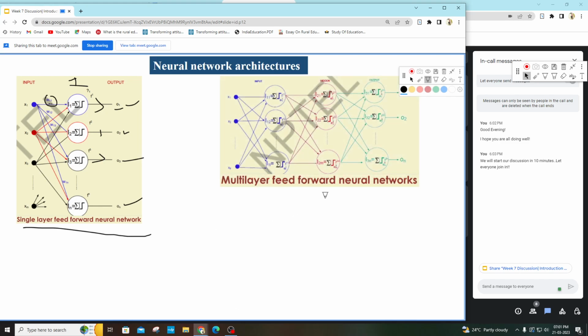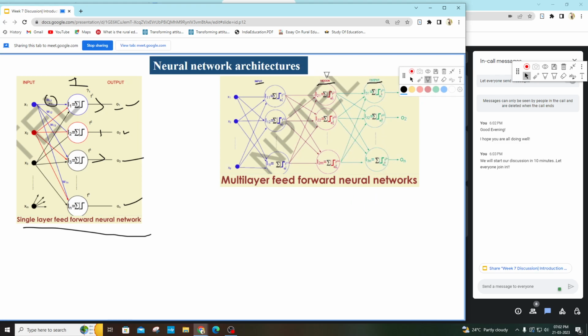And then there is the multi-layer feed forward neural network. Here we dealt with only one layer, but in a multi-layer feed forward neural network we have more than one layer. The first layer is known as the input layer, then we have a second layer, which we call the hidden layer, and then the output layer. So in a simple multi-layer feed forward neural network, we have 3 layers: the input layer, the hidden layer, and the output layer.